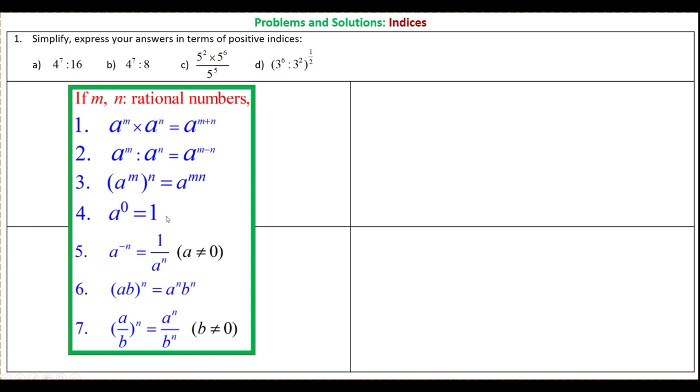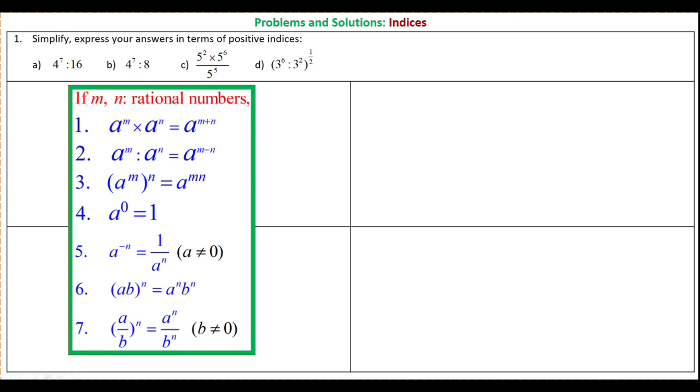So m and n can include 0. And then in law number 5, we can have the index be a negative integer. So now m and n can be integers: positive, 0 and negative.